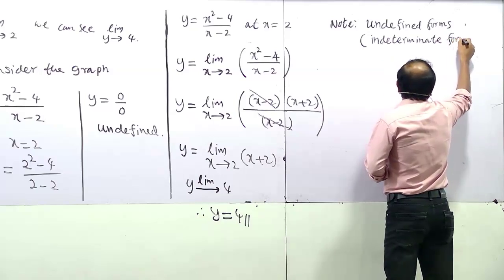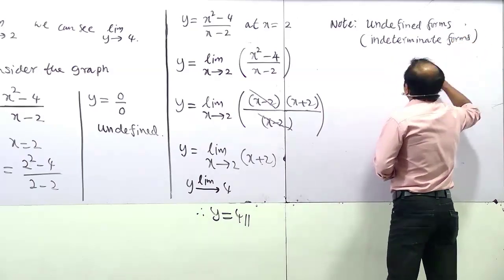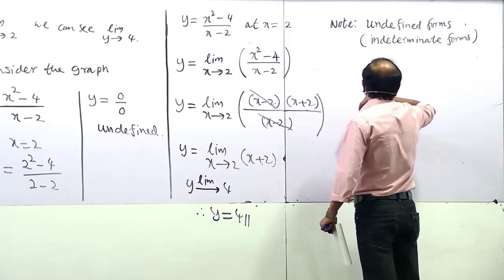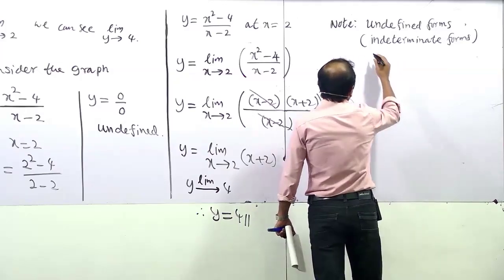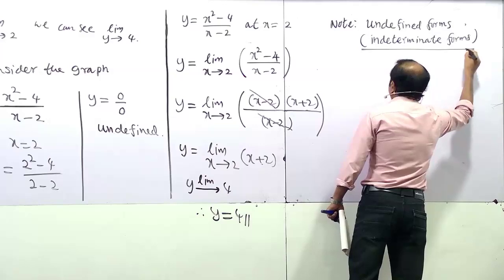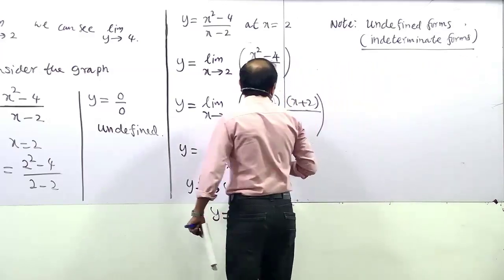Write down these indeterminate forms. Undefined forms, so indeterminate forms. There are 7 forms.